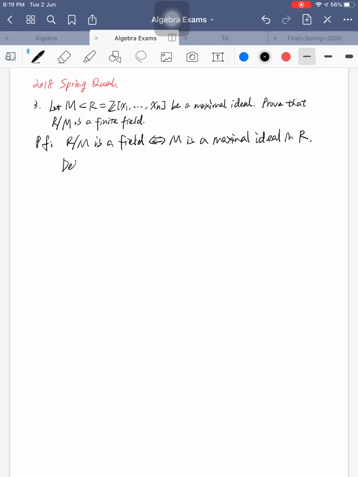So let's define the evaluation map pi from R to Z. It sends every polynomial f to f evaluated at 0, 0, up to 0. Since it is an evaluation map, it is a ring homomorphism.